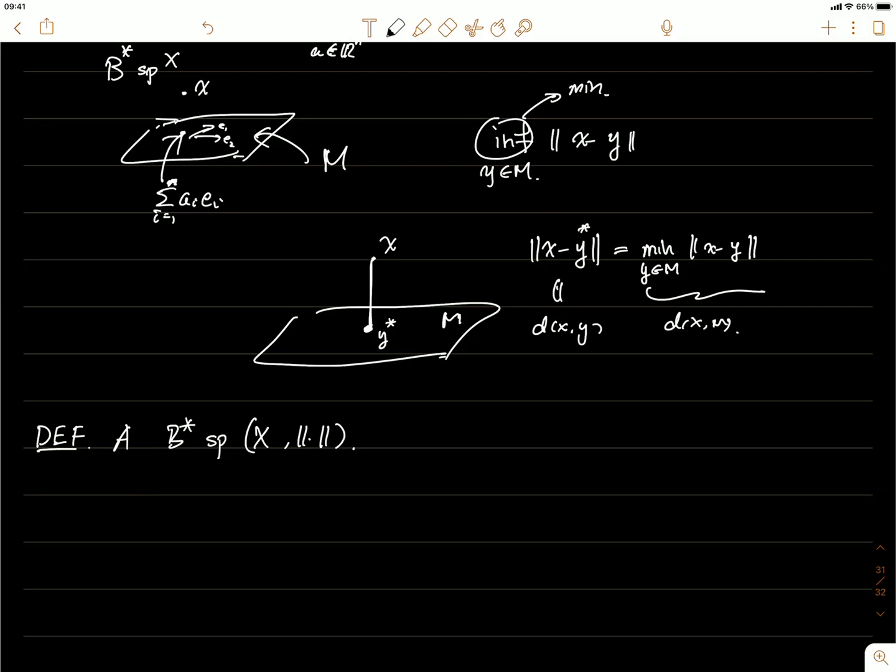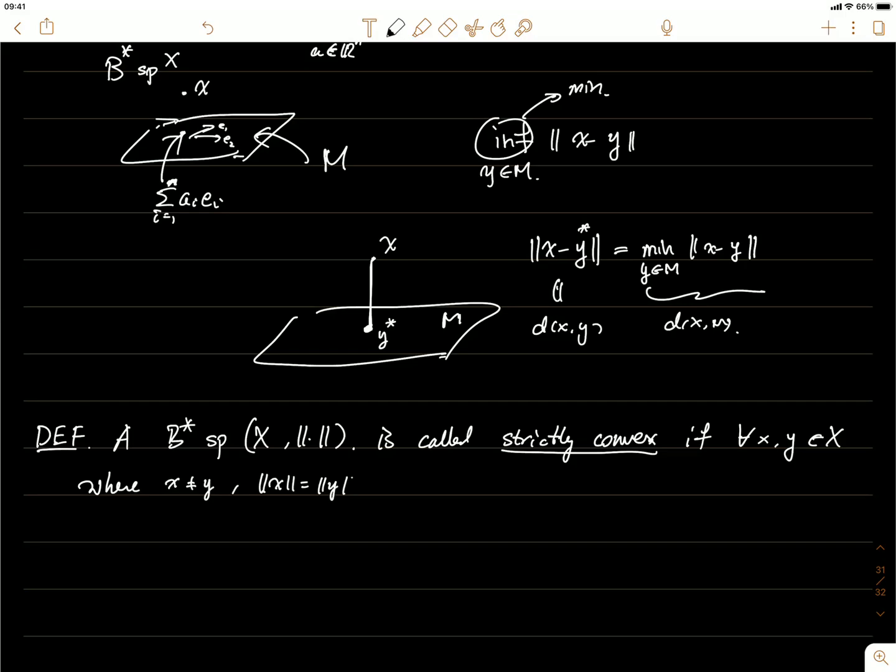We call this B star space strictly convex if for any x and y, where x is not equal to y and the norms of x and y are both equal to 1, then the strict convex combination of x and y, which is denoted by (1 minus lambda) x plus lambda y, is considered.